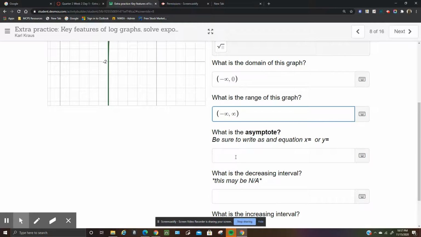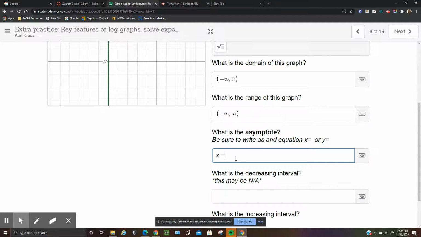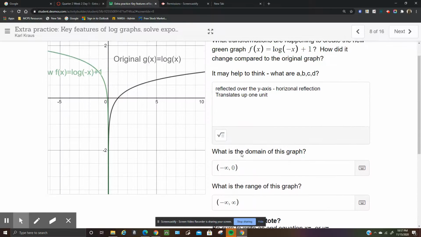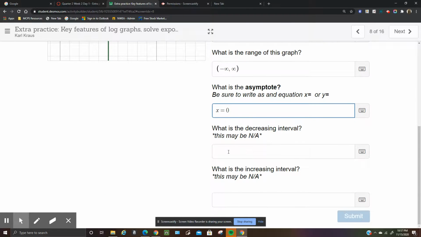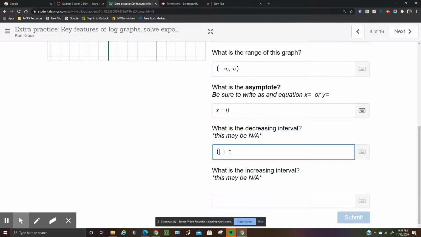Asymptote is x equals 0, decreasing all along the domain there, negative infinity to 0. Increasing is NA.